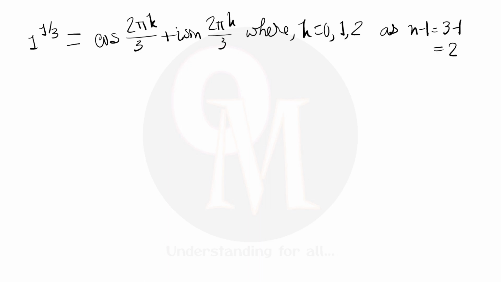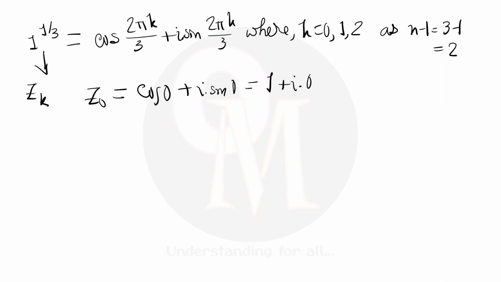Suppose we call these z k. Then when we replace the value of k as 0, we get cos 0 plus i sine 0 is equal to 1 plus i of 0, that is 1.